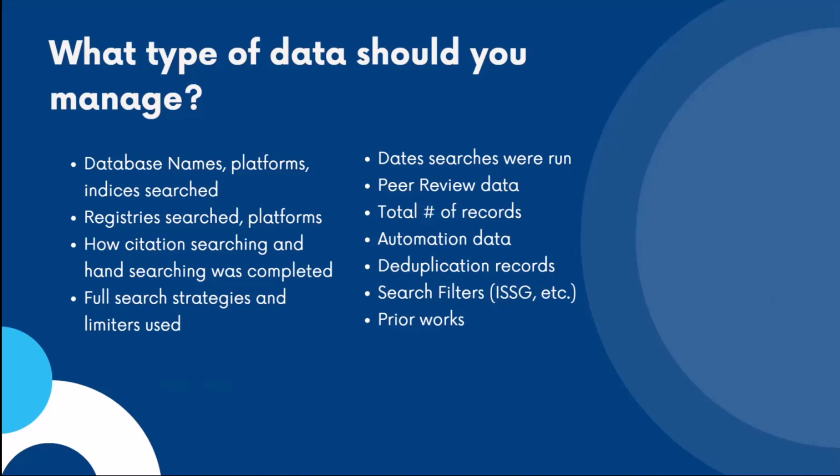If you follow certain guidelines like the Prisma S, which is just for searching, or even Prisma, or even the Cochrane guidelines, they all have a certain expectation of what information is reported out to make sure that your search is one, able to be looked at and said, okay, this was done properly, but also to make sure that it's reproducible. And reproducibility is really key in almost every kind of systematic review, any process like this, because you want to be able to show what you did and have other people to be able to go back and check your results by duplicating your search and duplicating your methodology.